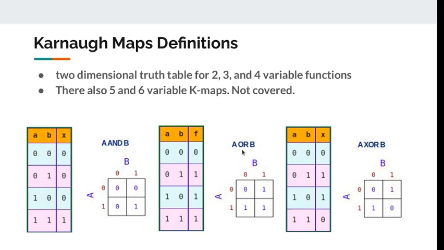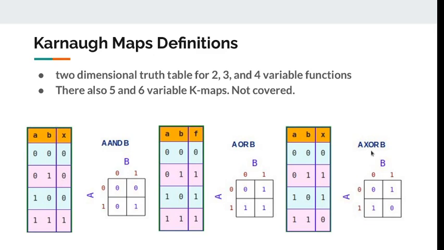For example, we have OR here, A or B, and we know that where A or B is true, the function is true. So 0 and 0 is going to be 0. Complement of A and B, so 0 and 1, is going to be true, 1 and 0 is going to be true, and 1 and 1 is going to be true.